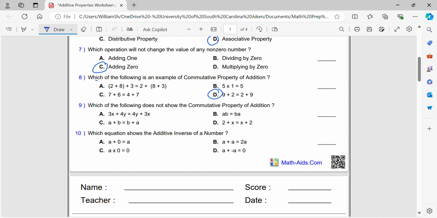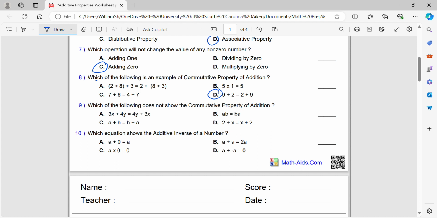Number 9 says, which of the following does not show the commutative property of addition? Oof. Now, it gets a little more difficult here because now it's throwing in x's and y's. But don't let that intimidate you. If I refer back to 8, the commutative property of addition just basically means the addition order can change and we still render the same result.